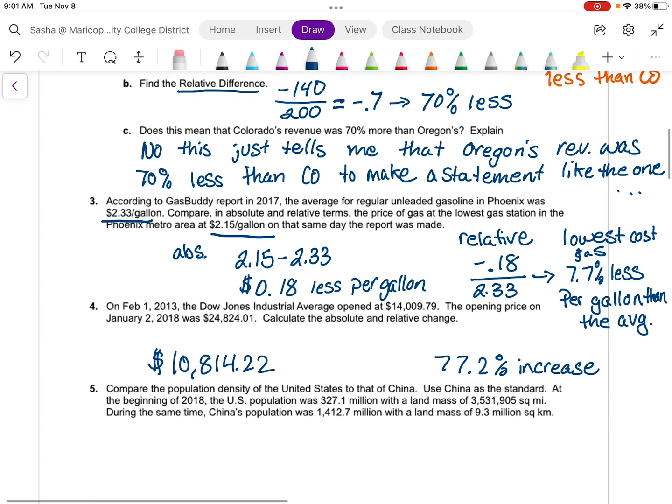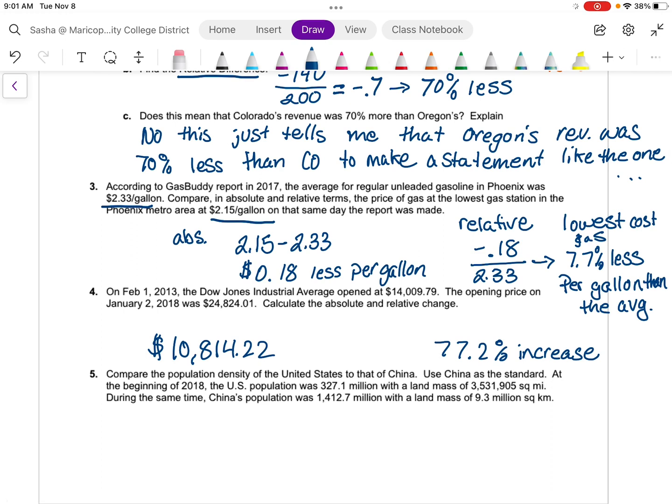Number 5 is a little different because we're looking at comparing population densities. So before you even begin with these problems, you would need to find the population densities and then go through and compare. And when you're finding the population densities, you do need to make sure that they're in the same units.